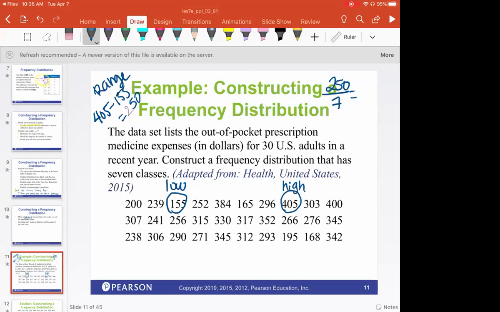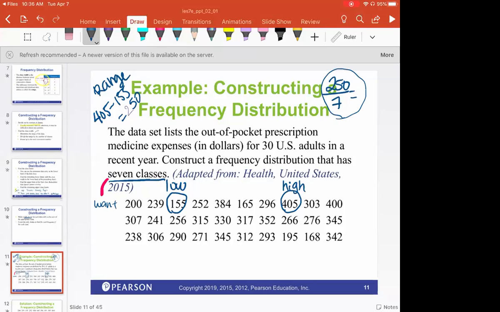Now here, it told us that we want 7 classes, right? That's really bold. We want 7 classes. That's what it's telling us. So I have to find my highest number and my lowest number and divide it by 7. So we have this here.